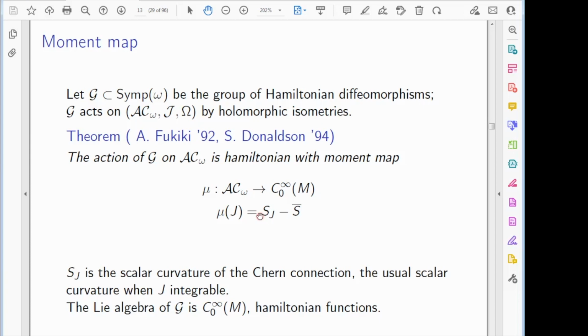If nabla is the Levi-Civita connection, then the Chern connection is this object.